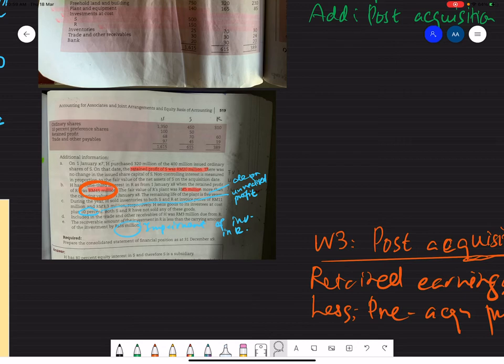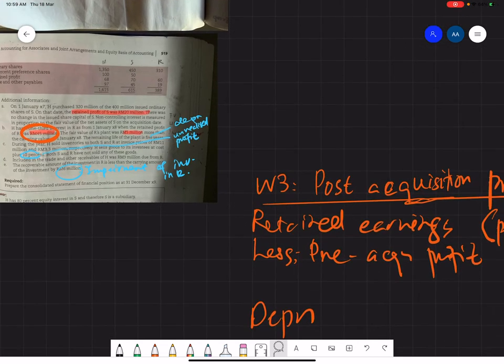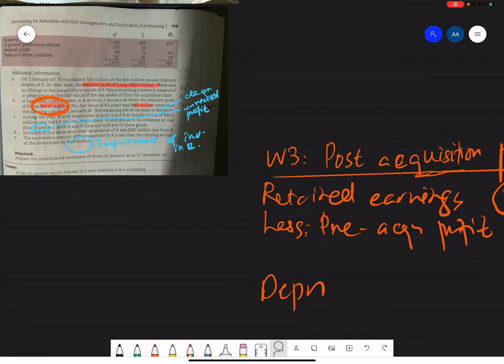So 5 million more, so it needs to be depreciated over 5 years. It has been adjusted on 1st January X8. Now it has been 2 years already, from 1st January X8 up until 31st December X9.